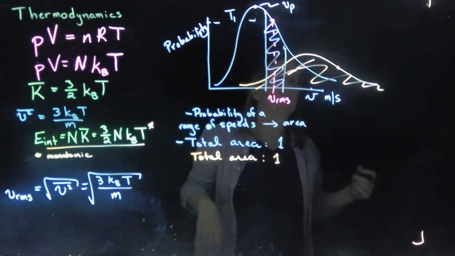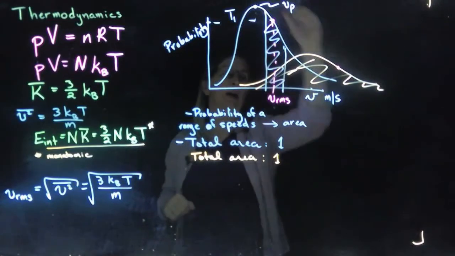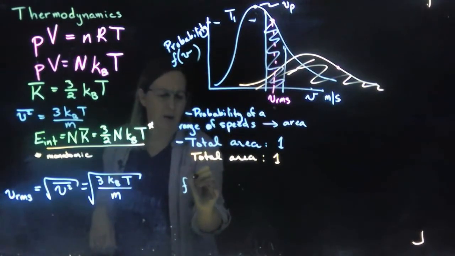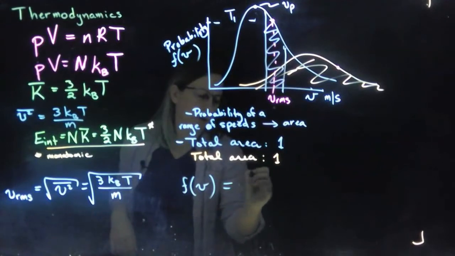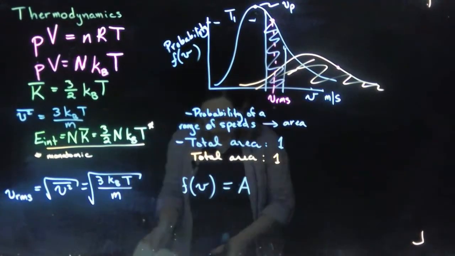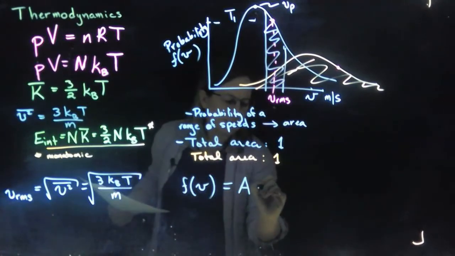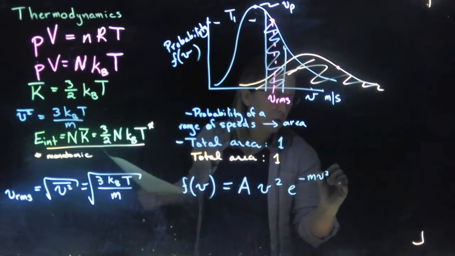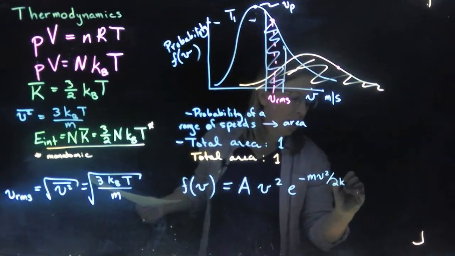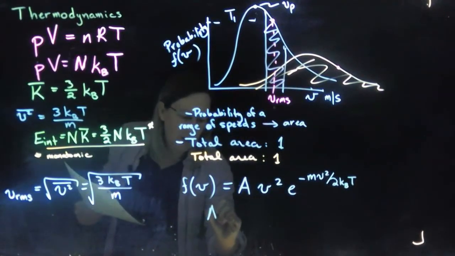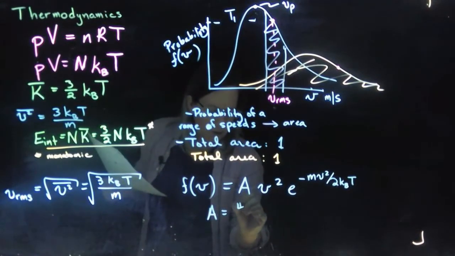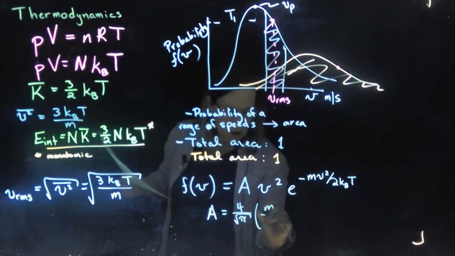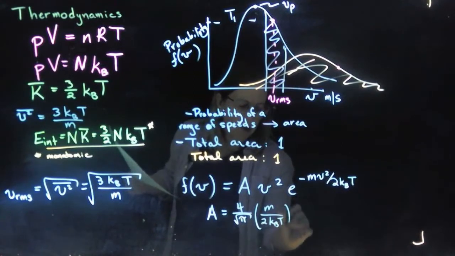And if I've got this distribution, the equation for this blue curve, probability, is written f of v, for example. f of v is equal to some constant A times v squared e to the minus mv squared over 2kBT, where this A is given by 4 over square root of pi times m over 2kBT all to the 3 halves.